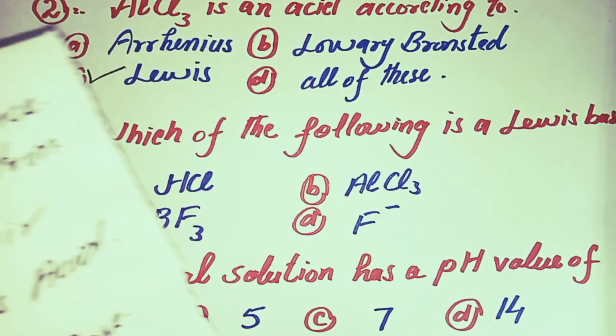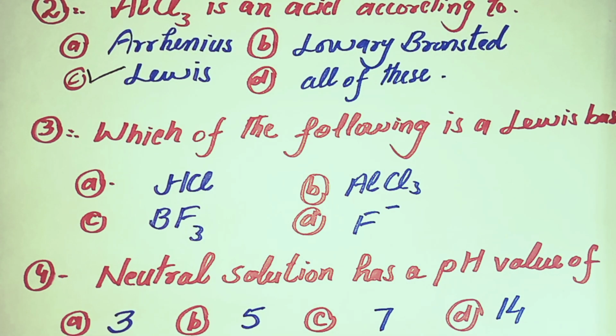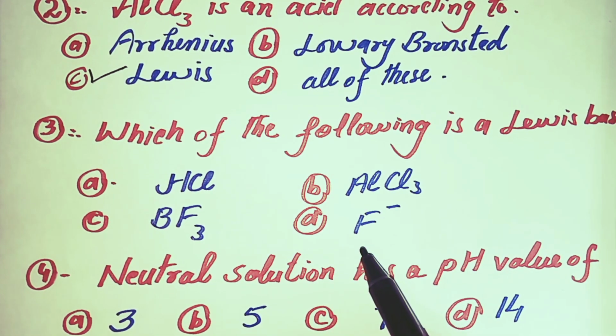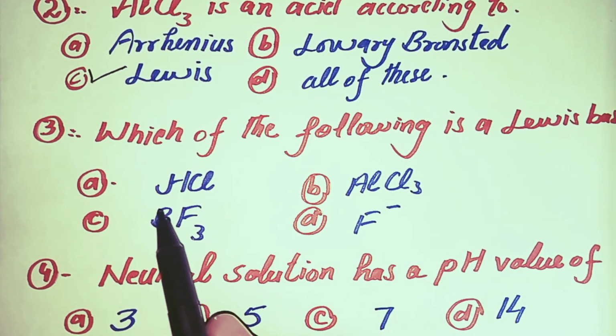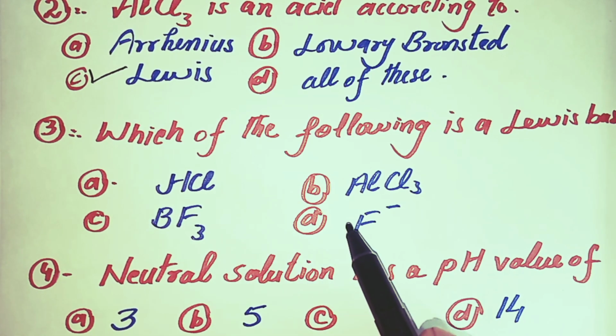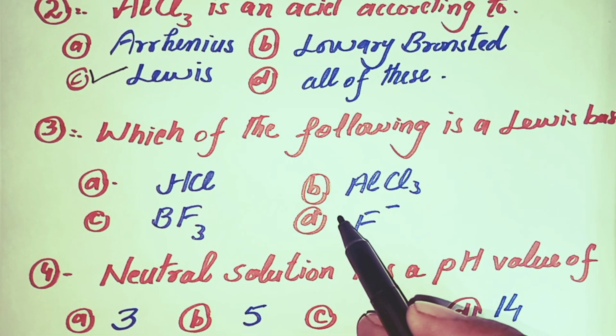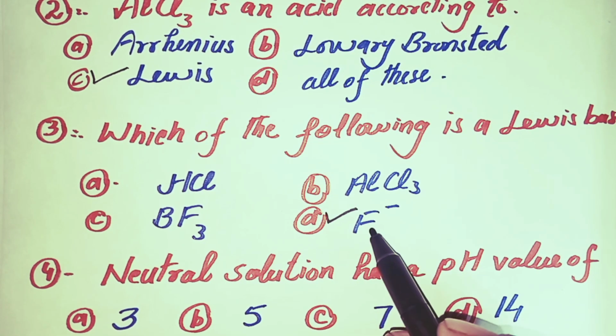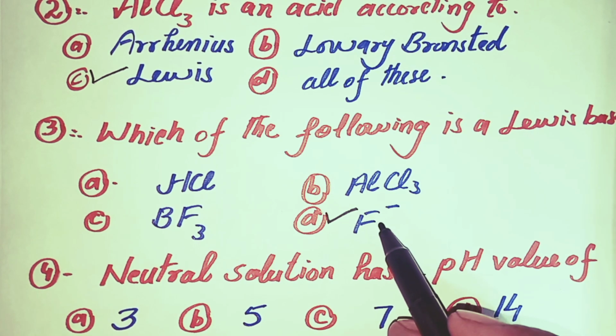So Lewis base is that base which can donate a pair of electron. So here the option D is correct because here the option D is fluoride, and fluoride can donate a lone pair of electron.